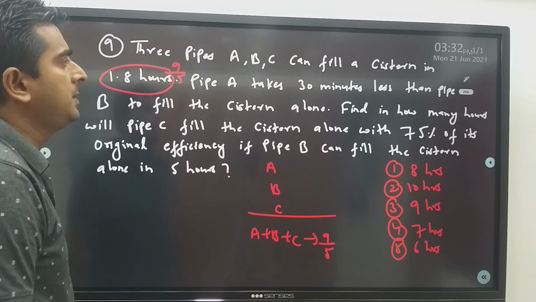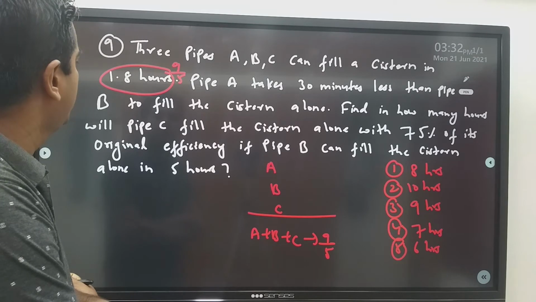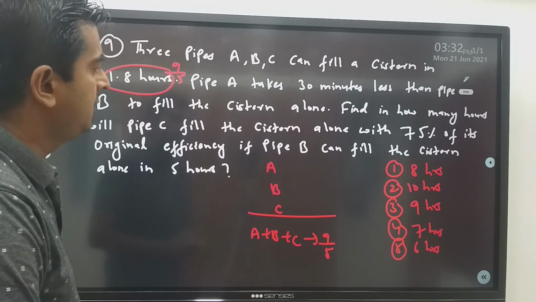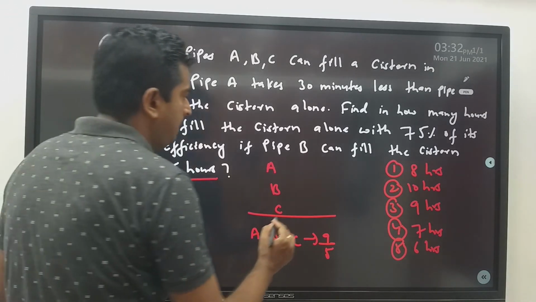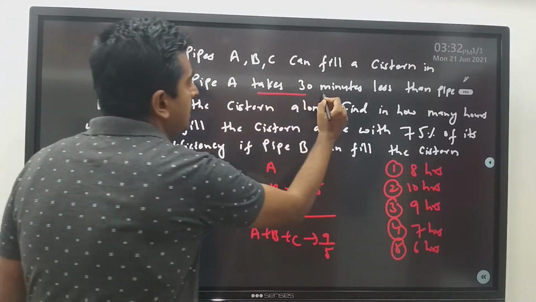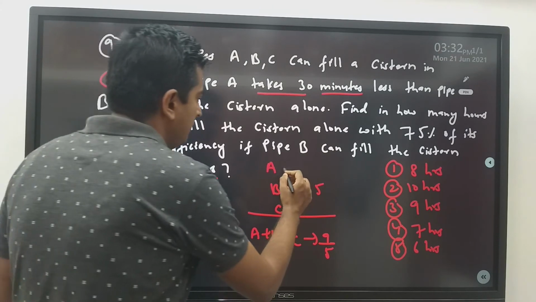Pipe A takes 30 minutes less than pipe B to fill the cistern alone. Pipe B in 5 hours. And pipe A is 30 minutes less than pipe B. That means 4.5 hours, which is 9 by 2.